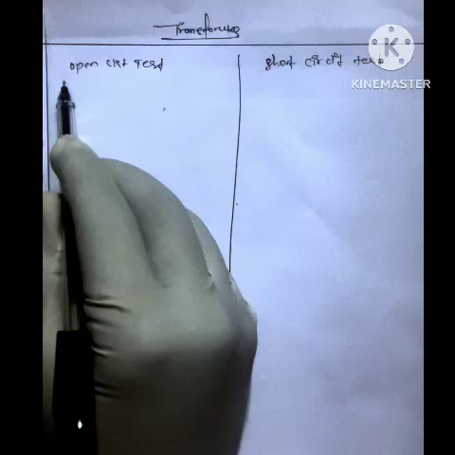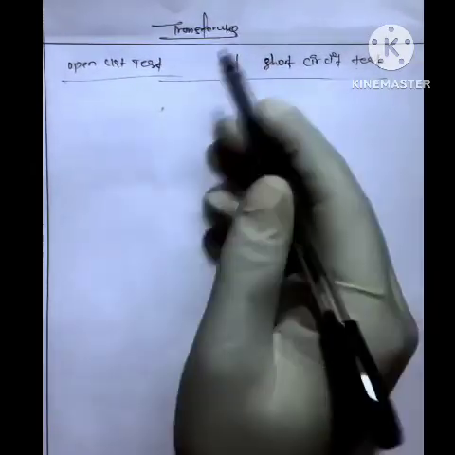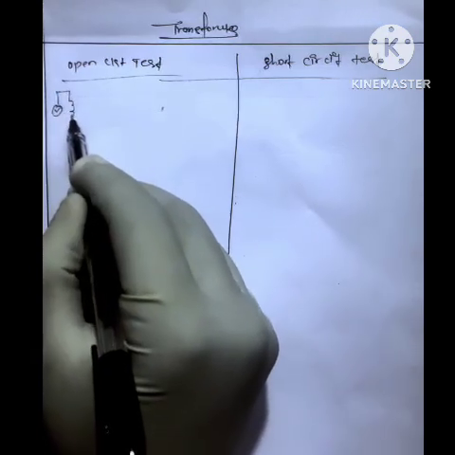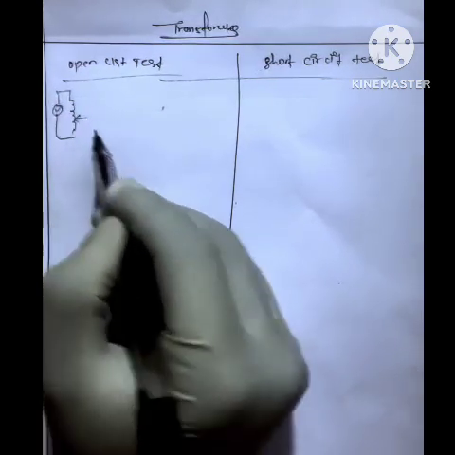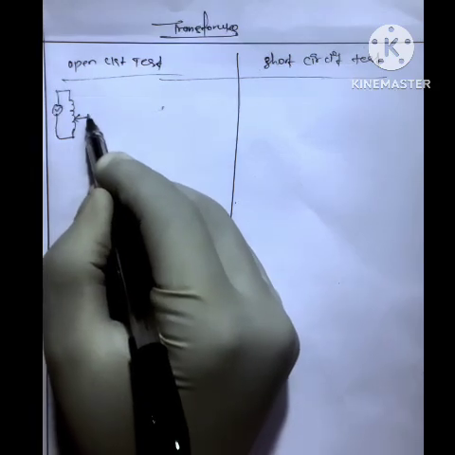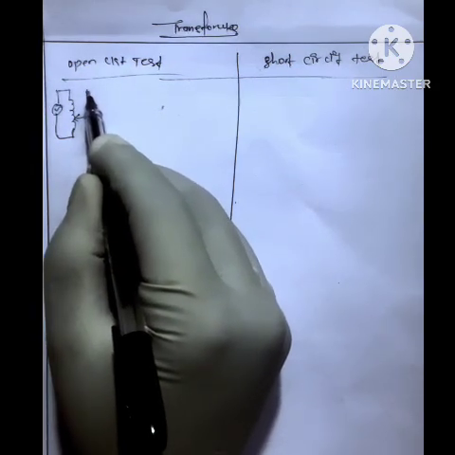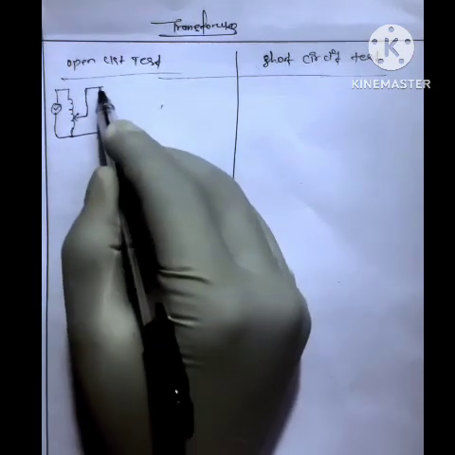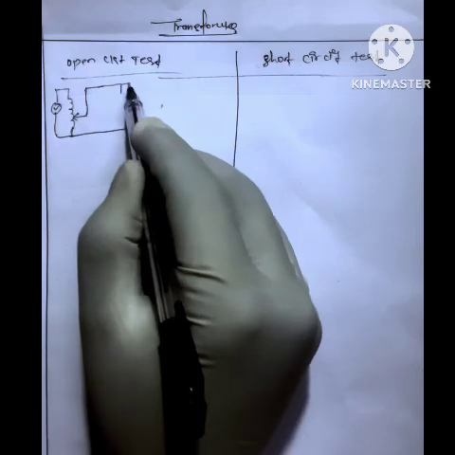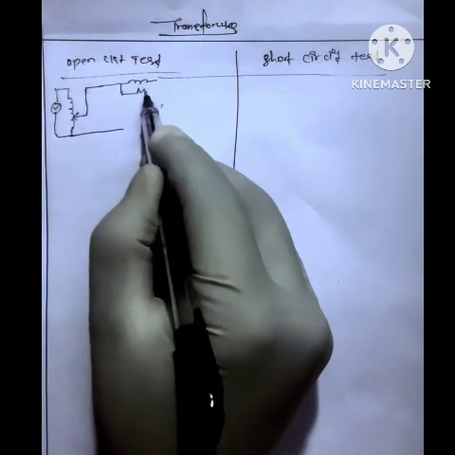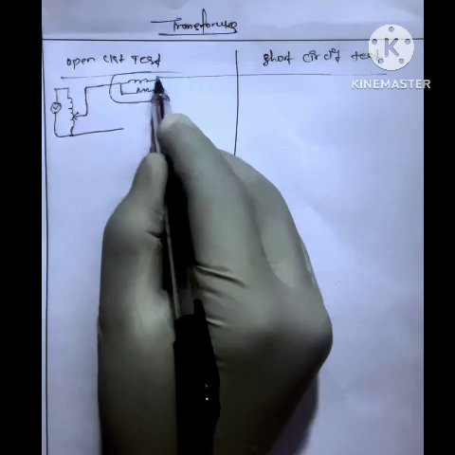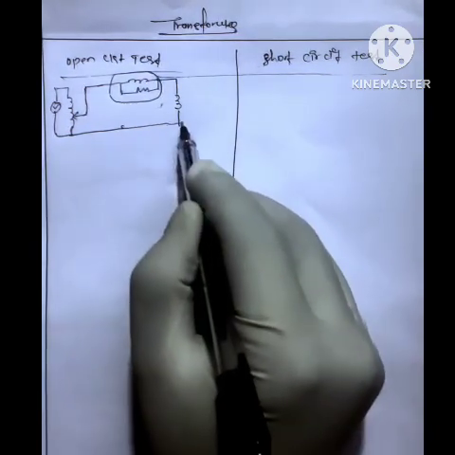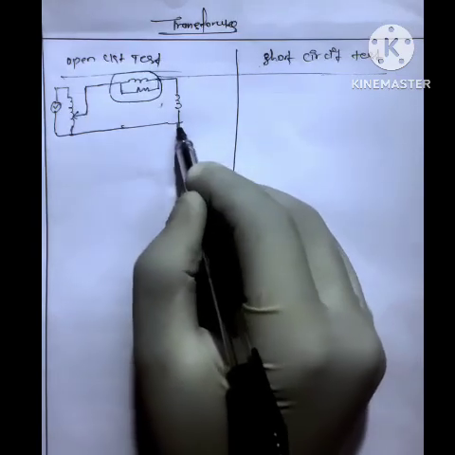Note that for both tests, we are first going to draw a circuit. Let's suppose this is an AC supply. I want to give a variable AC supply, so I can change the voltage whenever required. Then I will insert a wattmeter, which will be supplied to the primary part of the transformer coil.